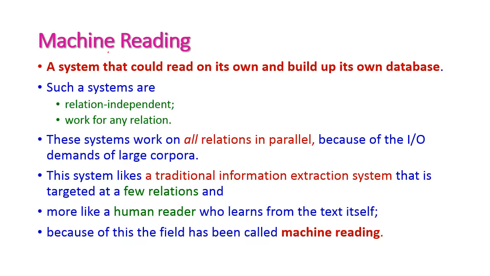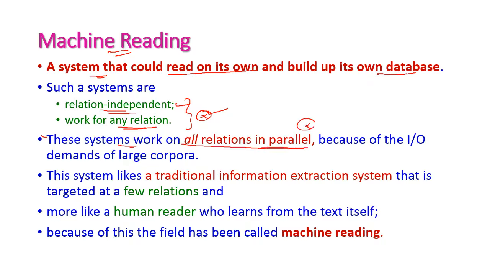Machine reading. Machine reading means a system that can read on its own and build its own database. This is called machine reading, and these systems are relation independent; that is, they can work on any relation. There is no dependence on the relationship, and the system can work on all relations in parallel.